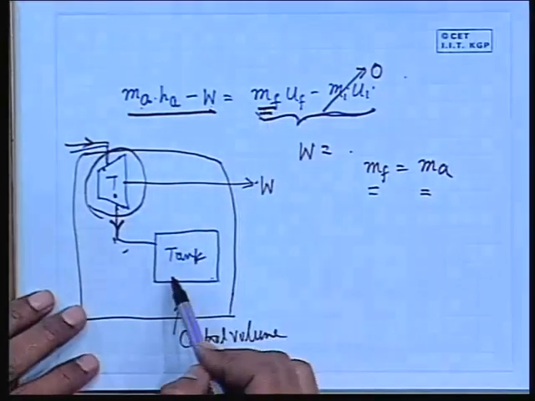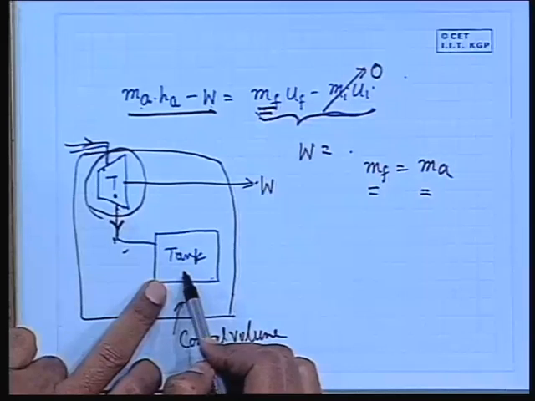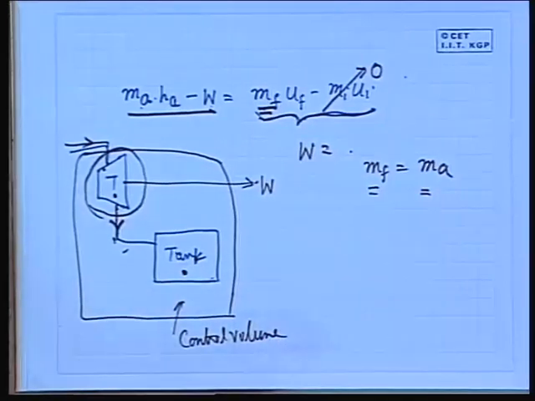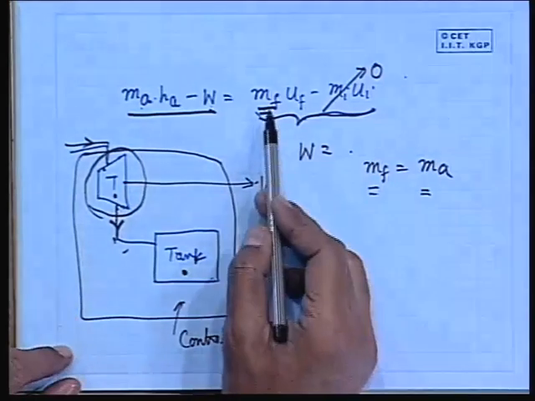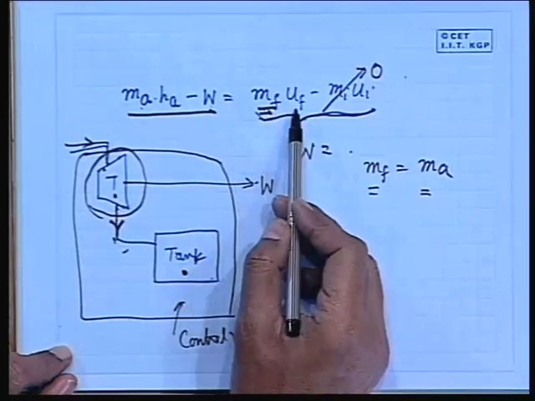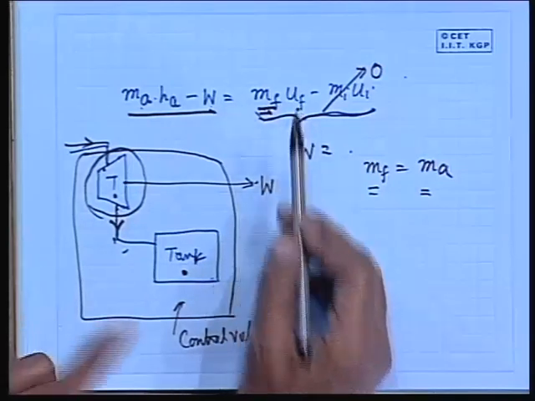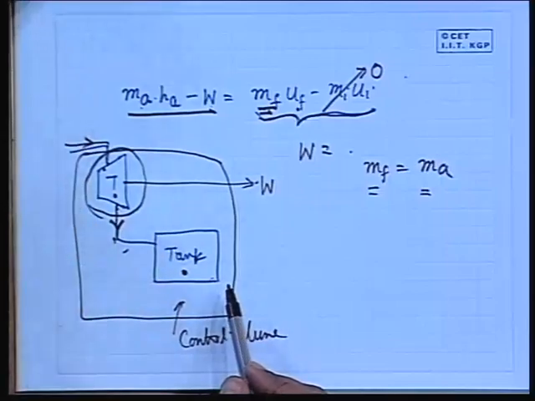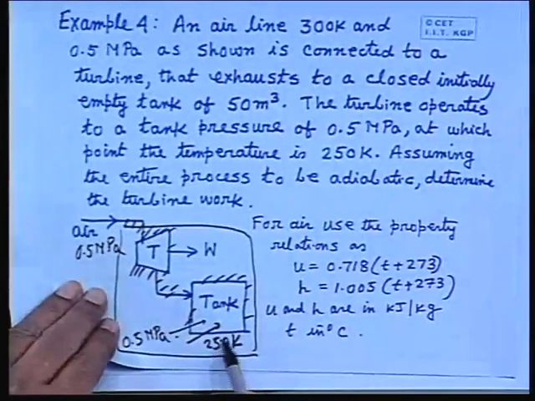But here you can find out MF because the final temperature and pressure of the tank are given and the volume of the tank is also given, 50 meter cube. That means you can find out the mass by the same formula for the air, PV equals mRT. So you know the mass, and you know the internal energy at the final point because the final temperature is given. When the pressure reaches 0.5 megapascals, temperature is 250 K. We utilize this equation, so you know UF.